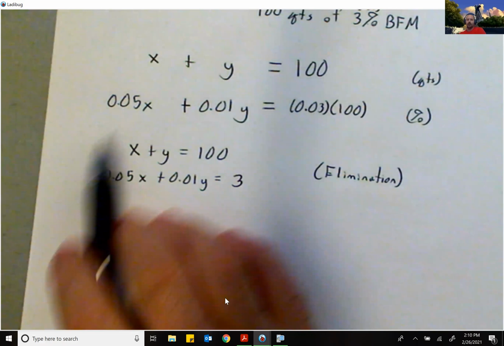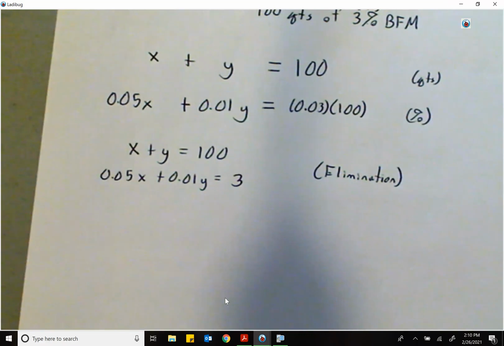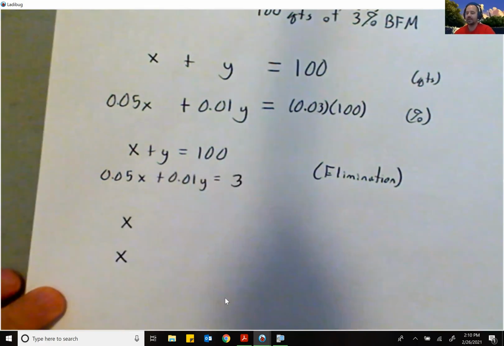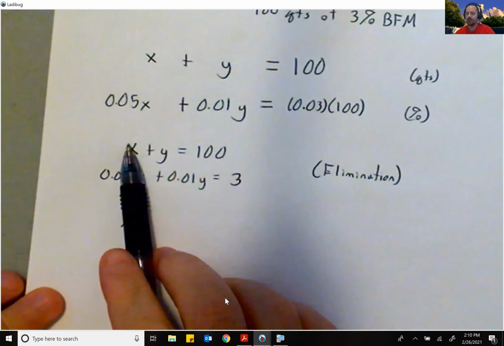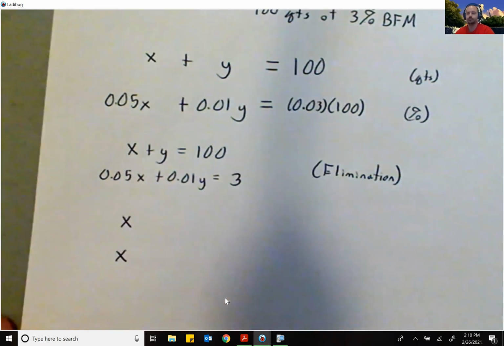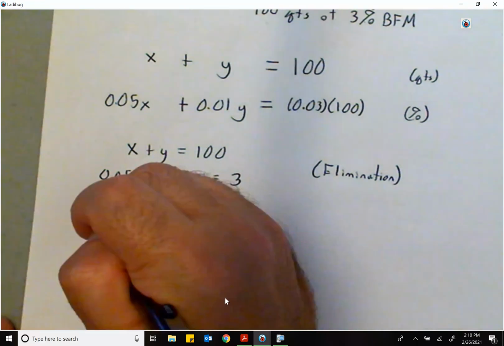You ladies are all about getting rid of your X's. So I need to get the same number in front. What number can I transform 0.01 and 0.05 into? 0.05. That's what I would make them.